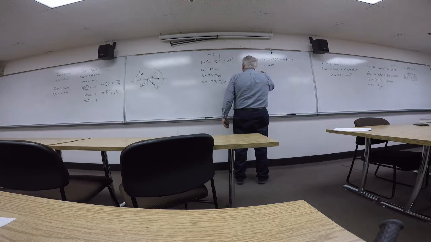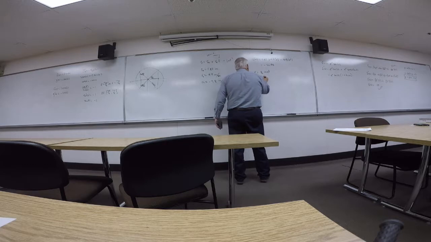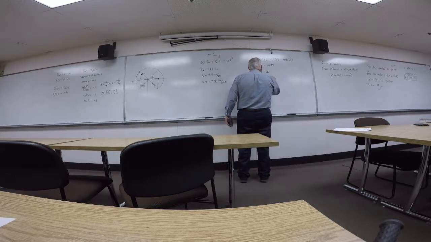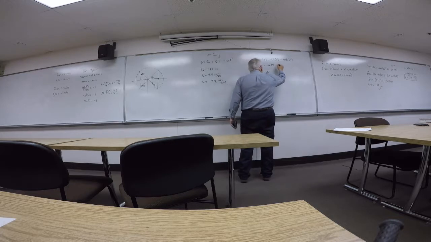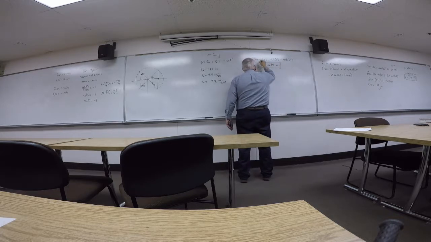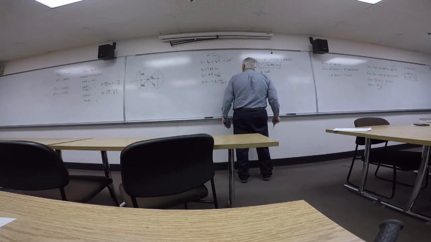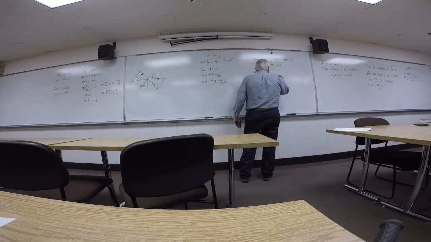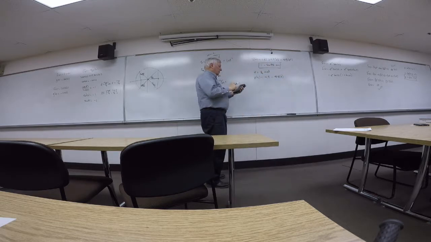V is V naught plus A T. V at 4 is 4.9. Oh, made a mistake here. Meters. 4.9 plus negative 9.8 times 4 is what, negative 34.3?